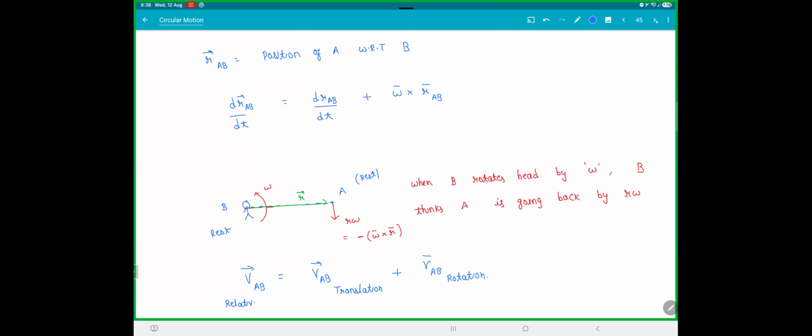We never cared about the observer rotating the head. We always thought the observer is just going in a line. We never cared about rotating frames basically. Now, from that perspective, you can clearly see this term is the translation component and this one is the rotational component.